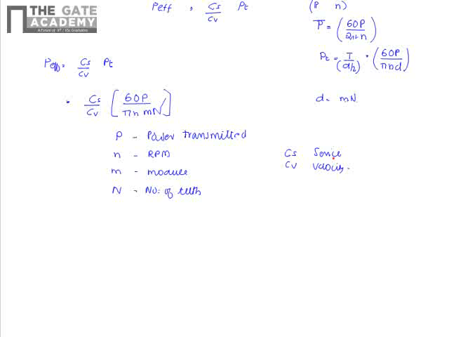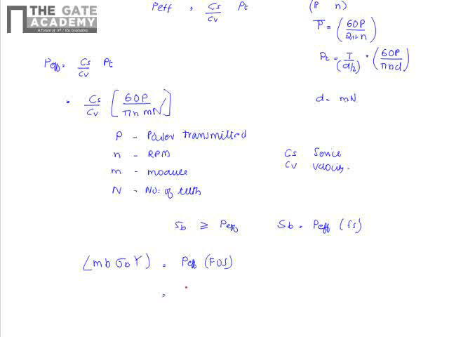And SB is given as, so we have SB should be greater than or equal to P effective. So in the worst case we can say that SB should be equal to P effective into some factor of safety. So we can say SB, which we know is equal to sigma B into Y, should be equal to P effective into some FOS, factor of safety. And what is P effective?